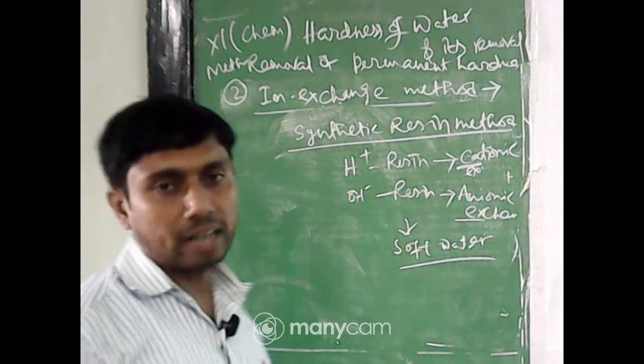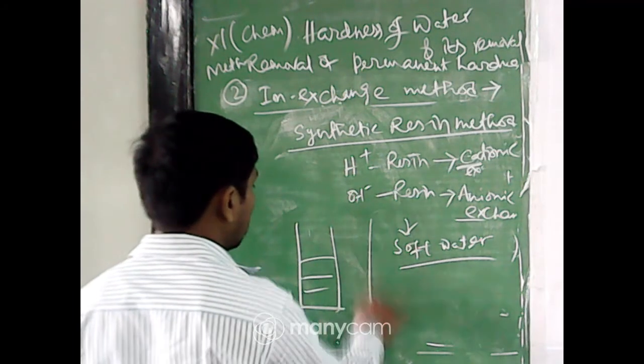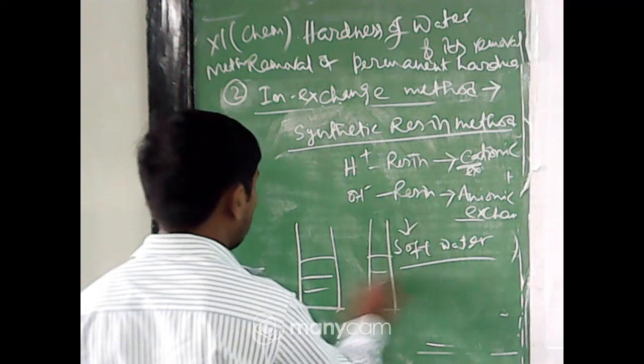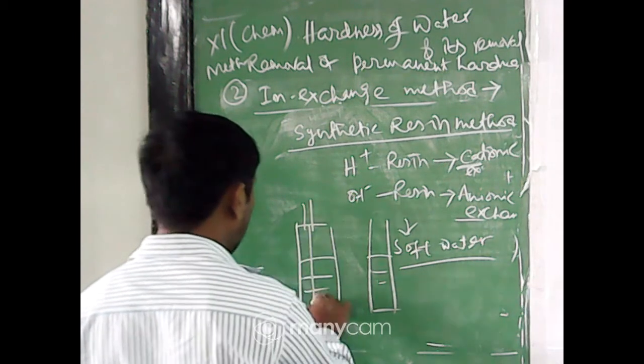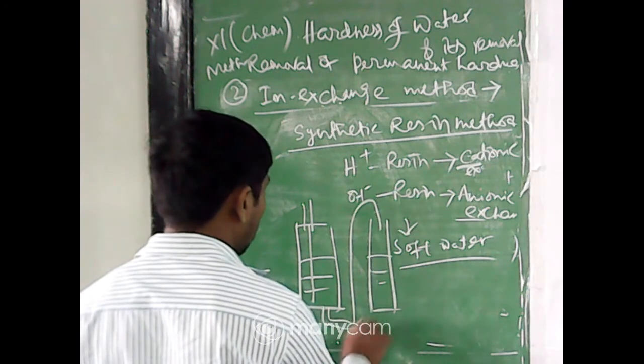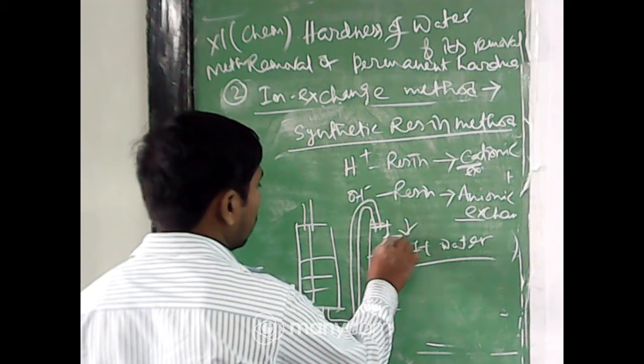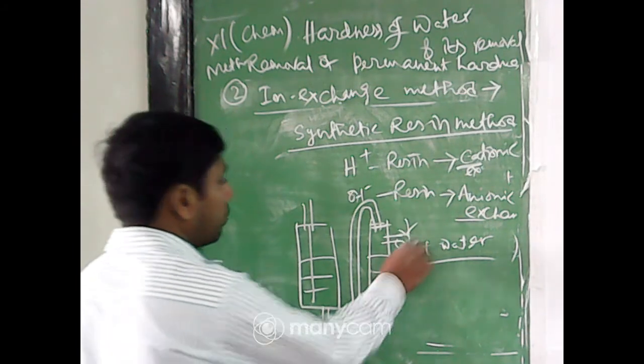One is packed with the cationic exchanger and the other has the anionic exchanger. The hard water is passed through the first, then through the second compartment, and at last we will get the soft water.